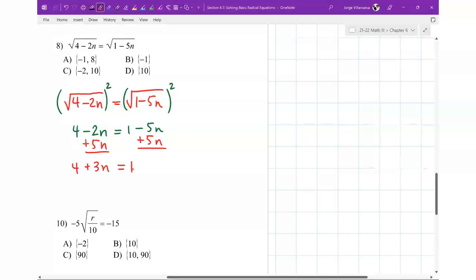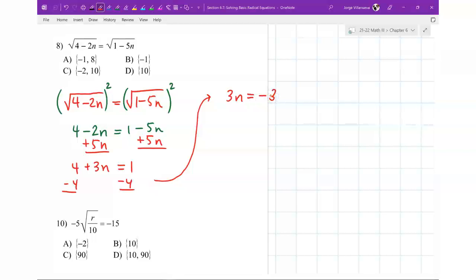And then I'm going to subtract 4 on both sides. So I end up with 3n equals negative 3. Okay, divide by 3. So n equals negative 1.